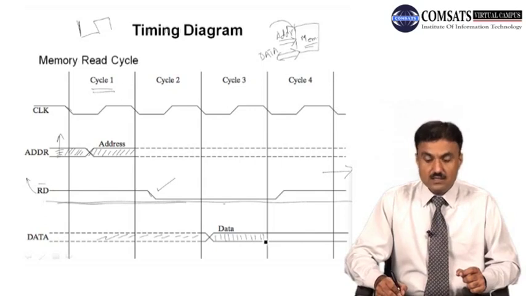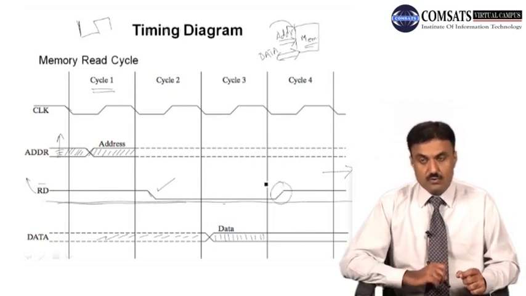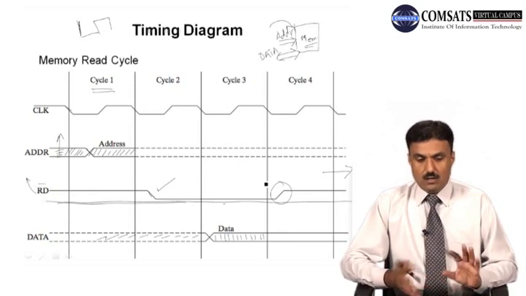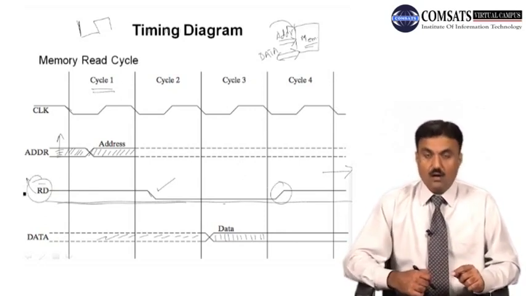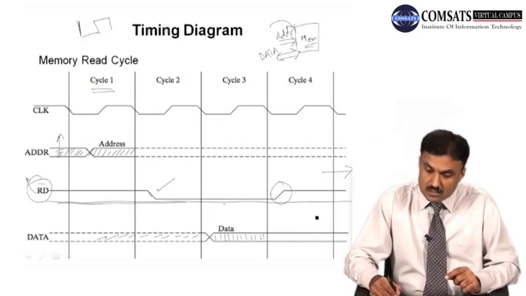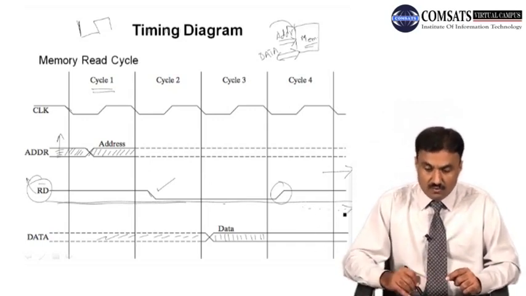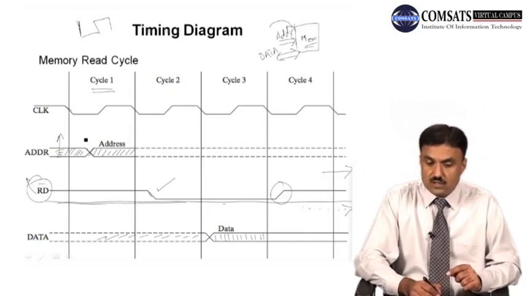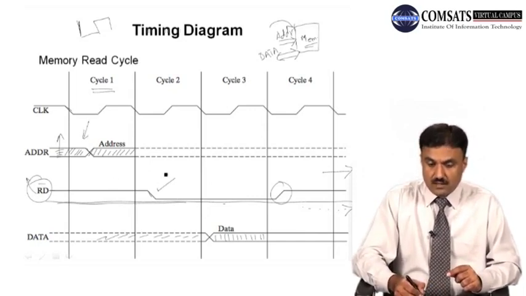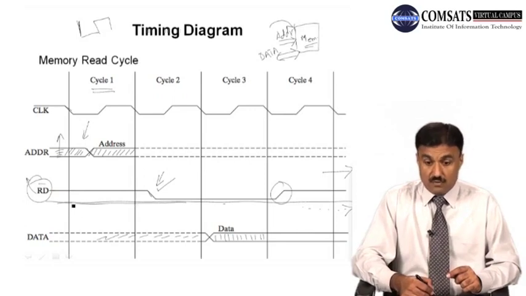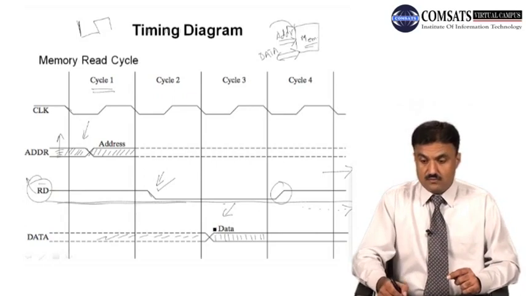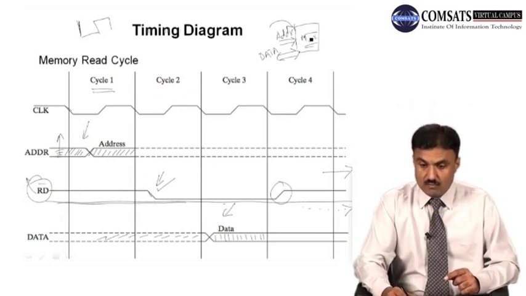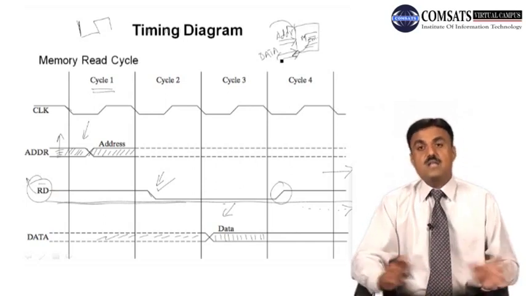Then in the fourth cycle, we again change the read control signal, and maybe some other operation will be performed. So this is how we read. First we set the address, then in the next cycle we set that perform read operation. In the third cycle the data is read from the memory location and sent over the data lines. So this is the timing diagram.